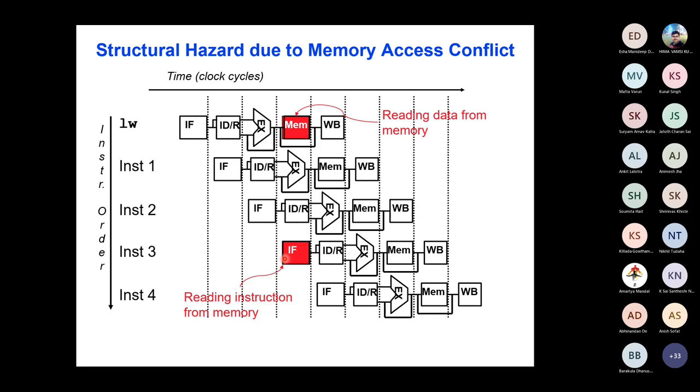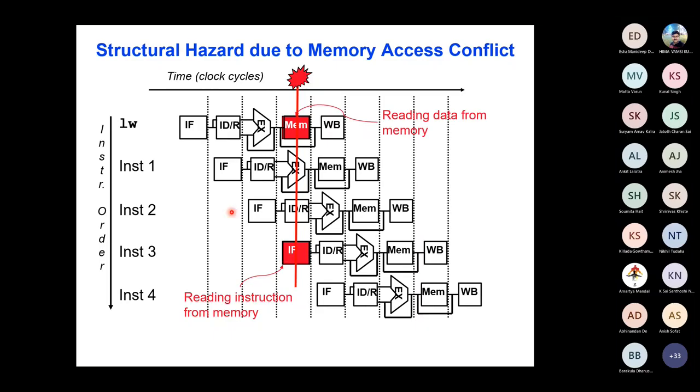So there is a clear conflict, and you already know how to resolve it. That's why we keep separate instruction memory and data memory, or instruction cache and data cache. Got it? So this is an example of structural hazard. If you have a single memory module, this causes a structural hazard.